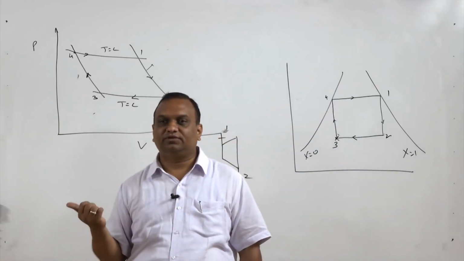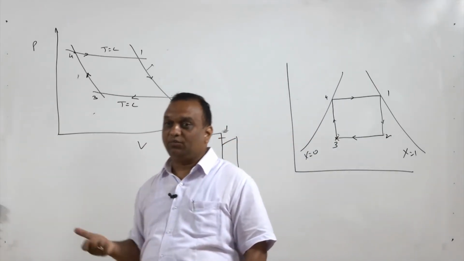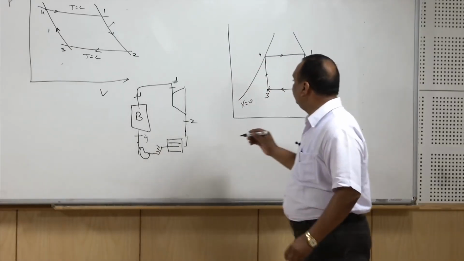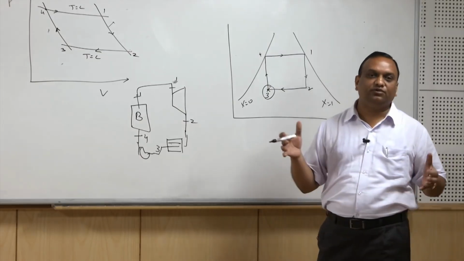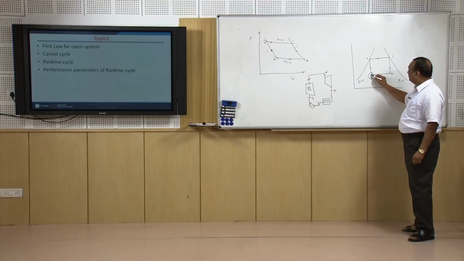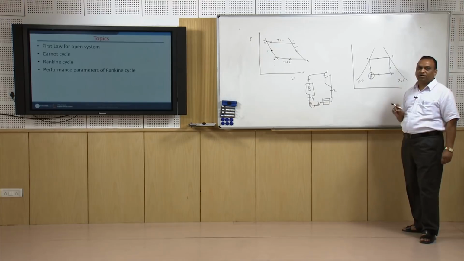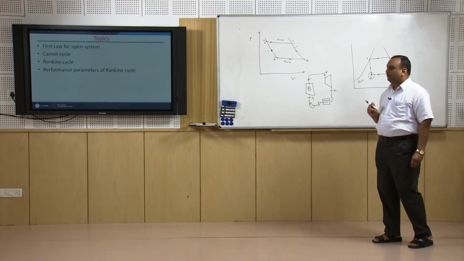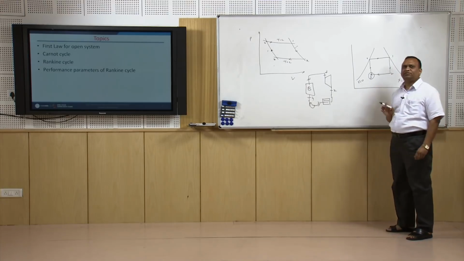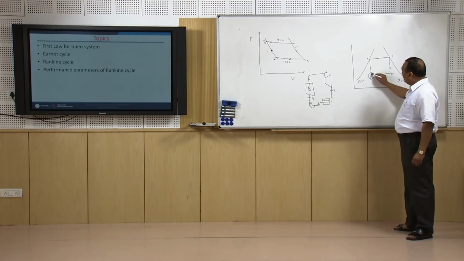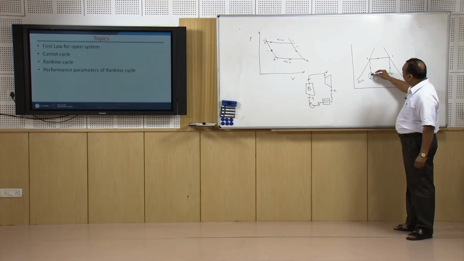We have pumps which can increase the pressure of a liquid, but we don't have any device which can compress a mixture of liquid and vapor, because the moment you start compressing this mixture, condensation will start, and the device will not work at all with high efficiency. We can develop a device, but the efficiency will be very low. So this solution is not workable because we have a problem from state 3 to state 4.